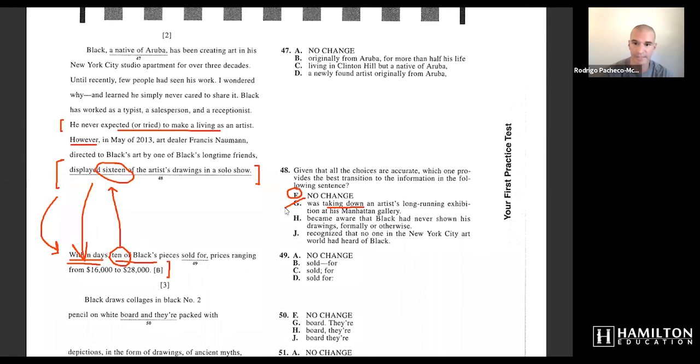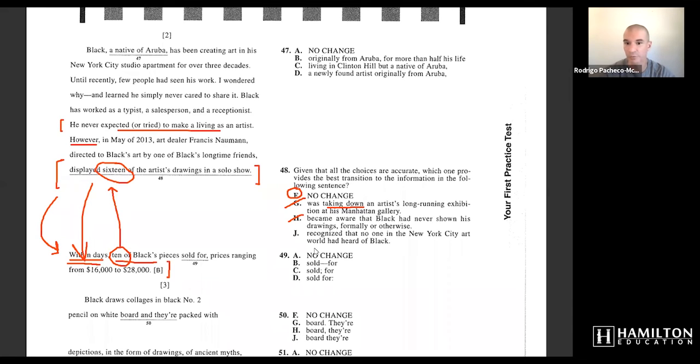So we can eliminate G. H tells us that the art dealer became aware that Black had never shown his drawings. So this is perhaps related to what happens here, but we're missing a lot of information, a lot of steps to Black then selling his art. So we can eliminate H.